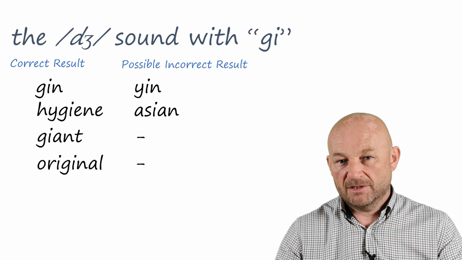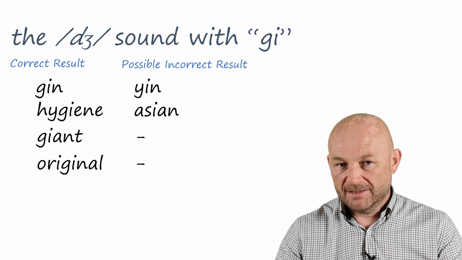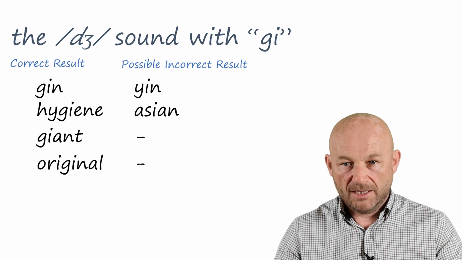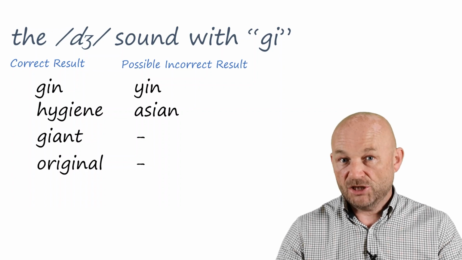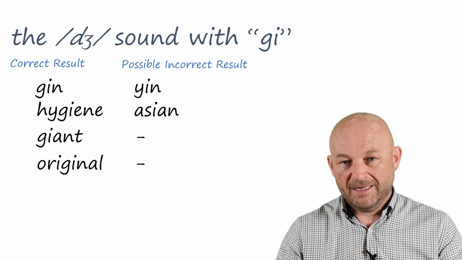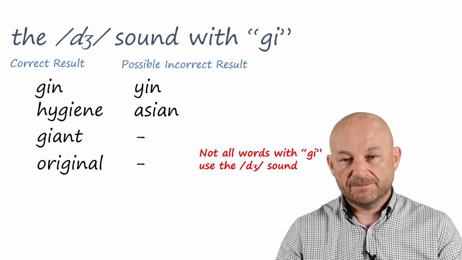Notice how I pronounce it. It is not pronounced with an S sound, and the continent is Asia, as in Malaysia, Indonesia, etc. And again, not all GI words have this sound.